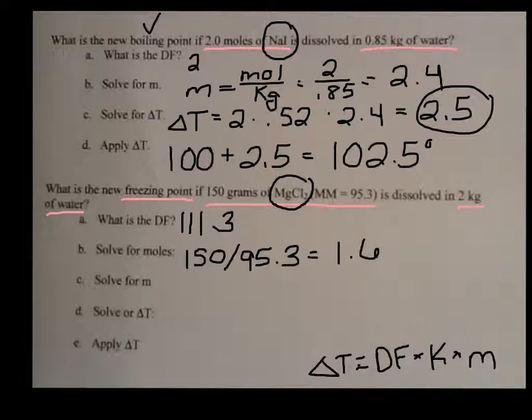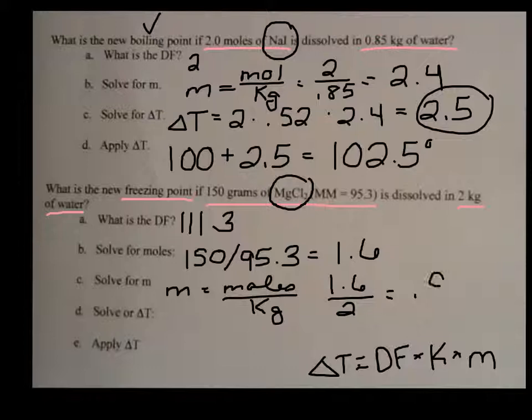Solve for molality. Molality is moles over kilograms. We know that we have 1.6 moles and 2 kilograms. 1.6 divided by 2, our molality is 0.8. Let's solve for delta T. Here's our equation.